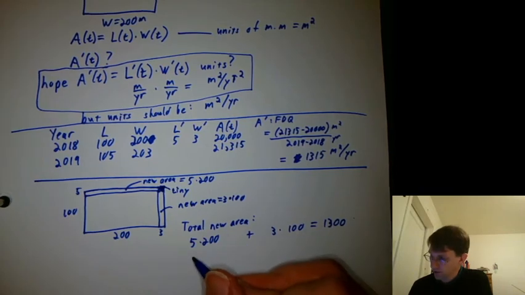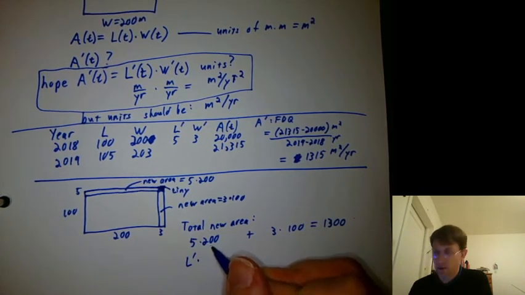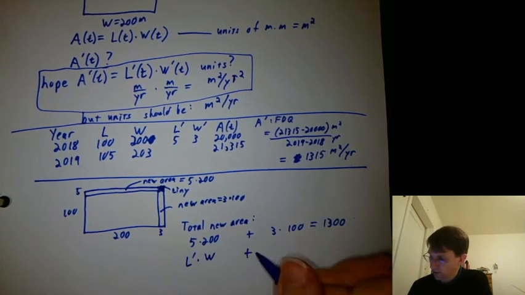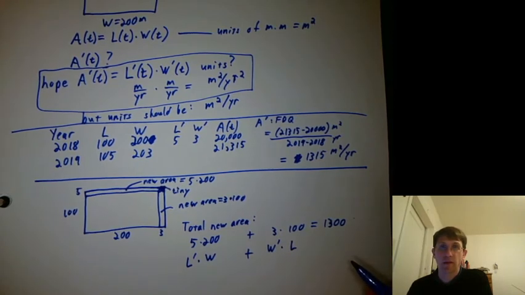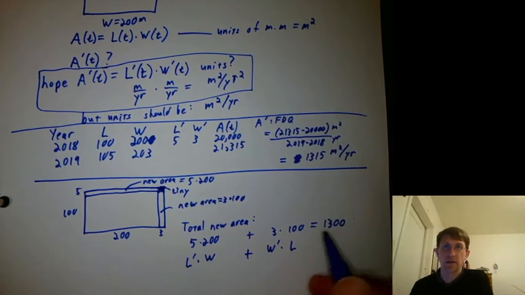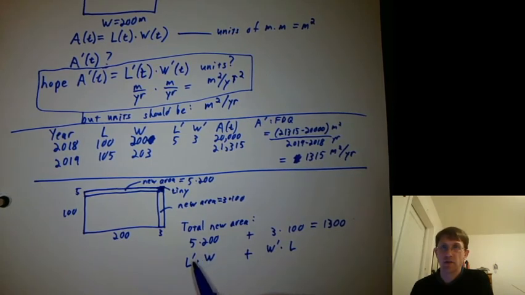So you might have noticed the 5 is L prime, the 200 is W, the 3 is W prime, and the 100 is L. So we're saying the rate of change is not just the product of L prime and W prime or something like that.